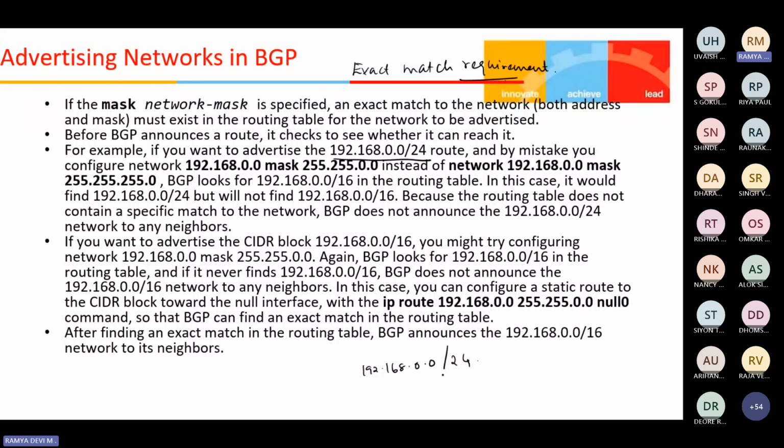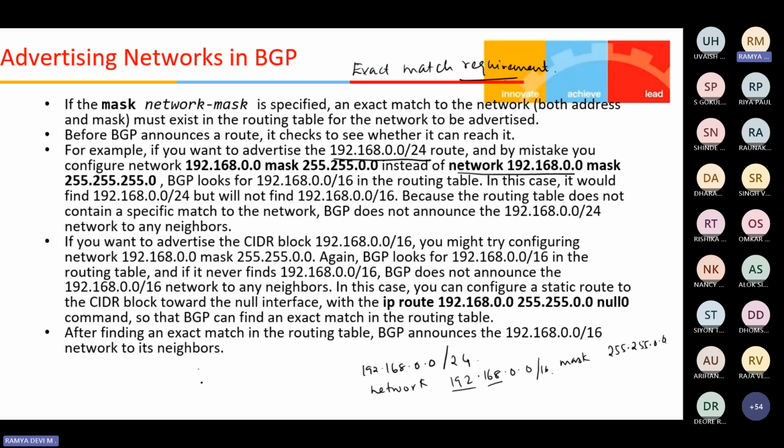If you mistakenly configure the command network 192.168.0.0 with mask 255.255.0.0, BGP will look for 192.168.0.0/16, that is 8 plus 8, two octets, in the routing table.